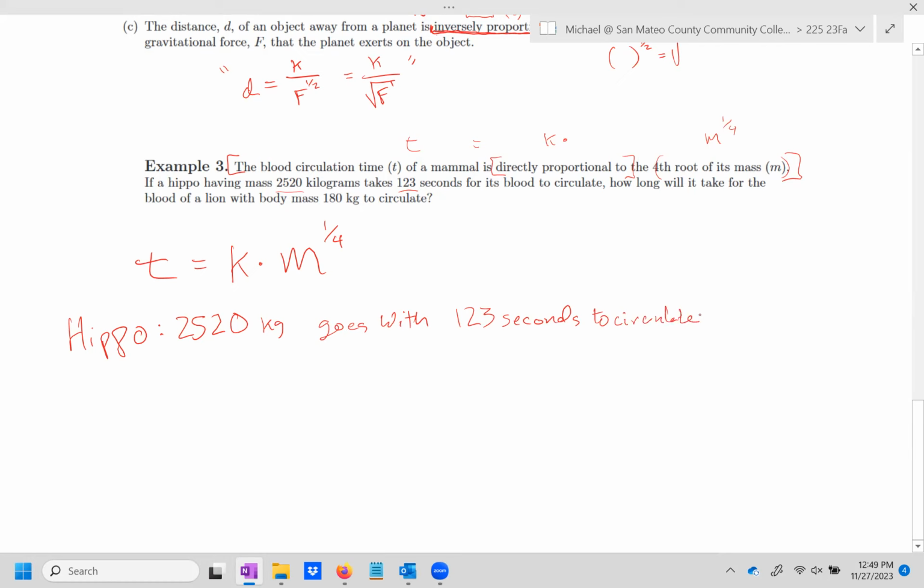So what this does is give us the hippo proportionality constant. What can we do? We can solve for the proportionality constant. It's not just the hippo one, it's just the proportionality constant.